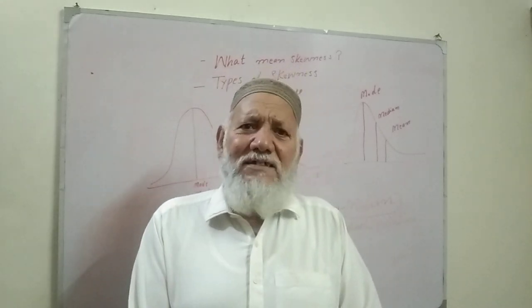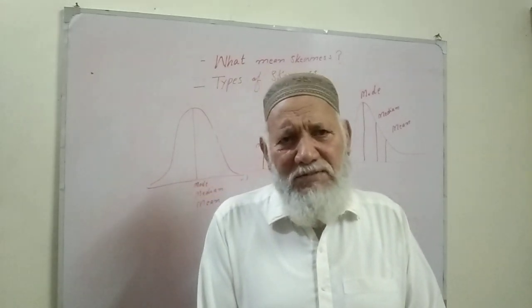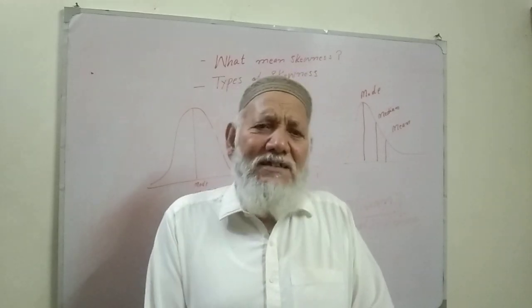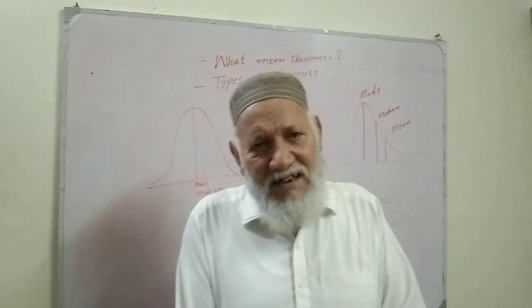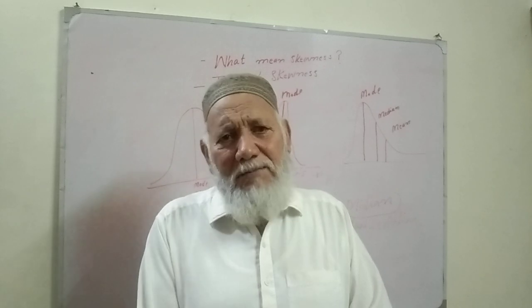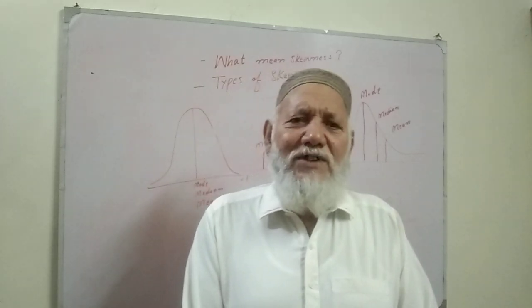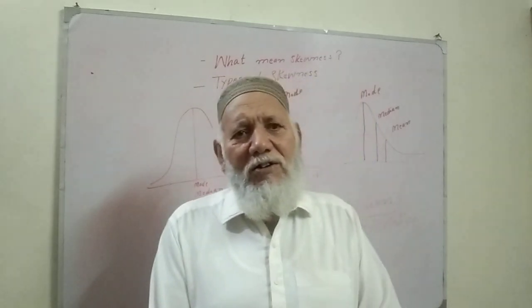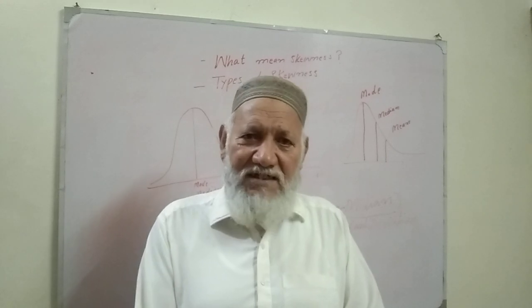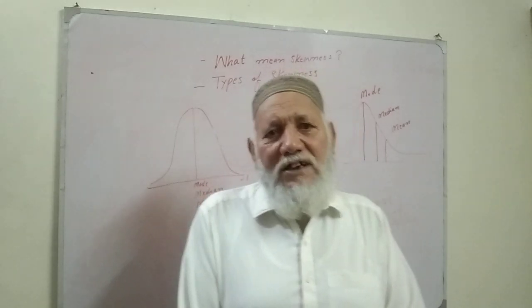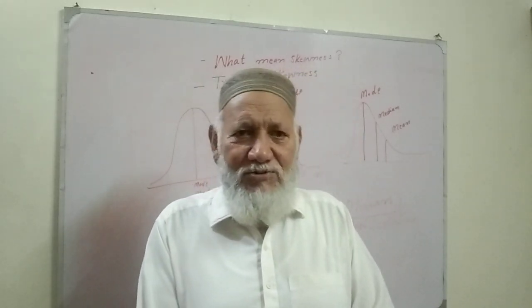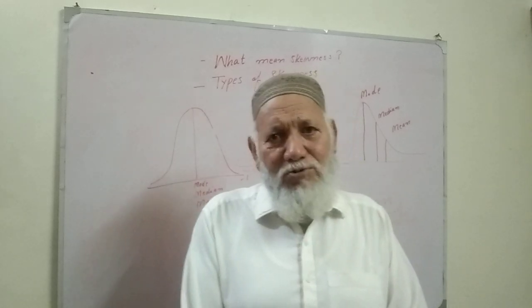If the data on both sides are equal, then there will be no skewness. But sometimes the data will be skewed to the left, and sometimes the data will be skewed to the right. So now you have data, you will find the center, and from the center you check the data above and the data below.